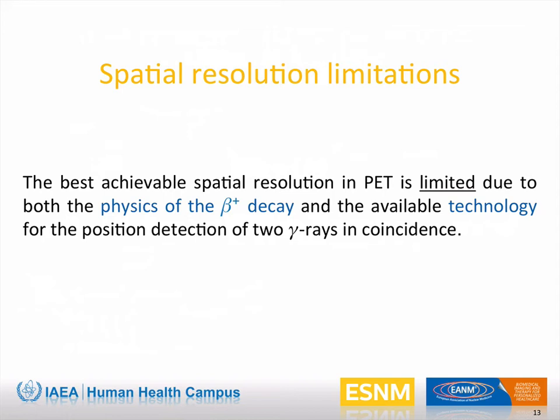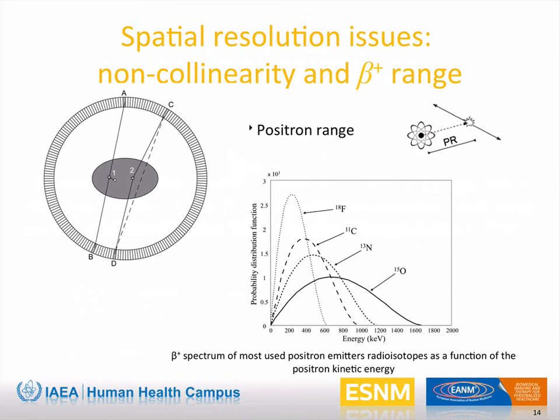The best achievable spatial resolution in PET is limited due to both the physics of the beta plus decay and the available technology for the position detection of the two gamma rays in coincidence. So let's first introduce the limitations to the spatial resolution that are due to the physics.